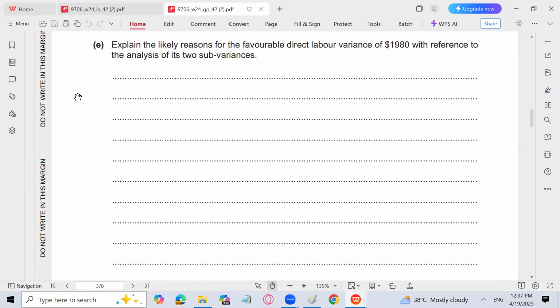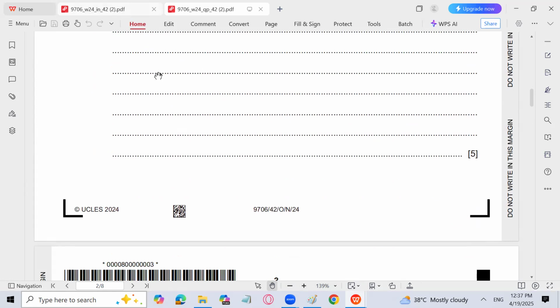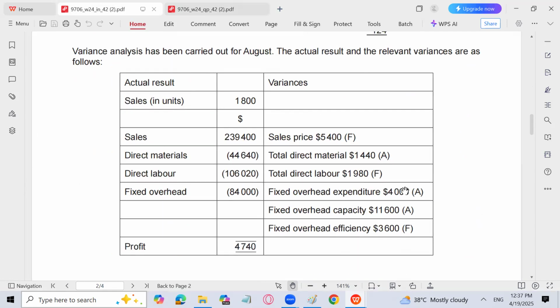If you see our overhead variances in the question, the overhead expenditure variance is adverse. Already it is adverse. It means we are incurring more overhead cost than we should have incurred. And fixed overhead capacity variance is also adverse. Right? Efficiency is though favorable, but capacity is adverse and expenditure variance is adverse.